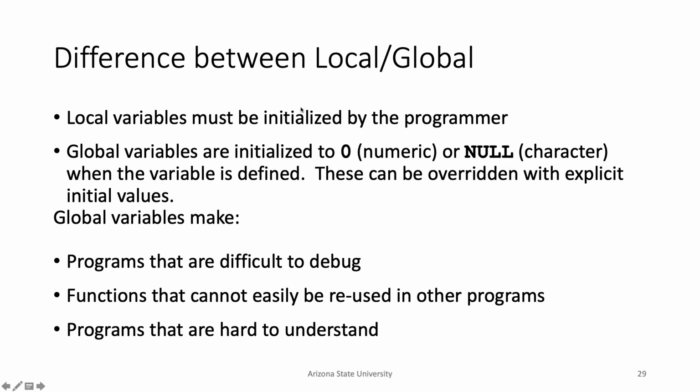Yes, local variables have to be initialized. Remember, on a quiz, I think quiz 1, there was a true-false question where I said it was false that some variables are initialized to 0 and some are not. This is actually the difference. Local variables may or may not have a default value of 0, say for an integer.